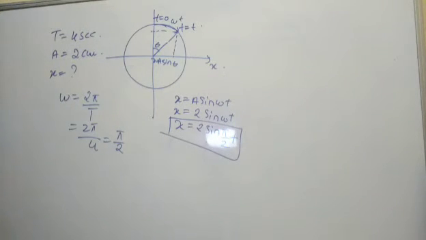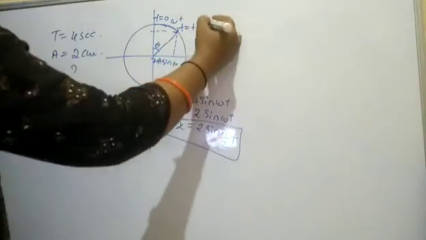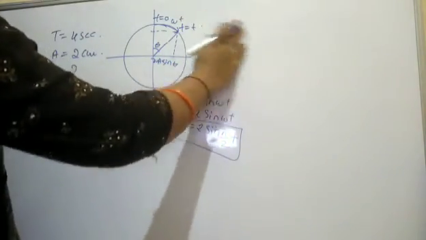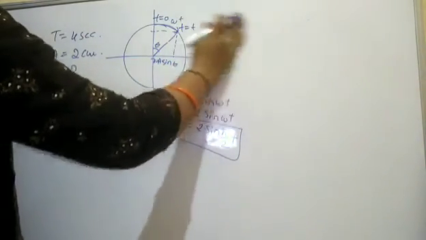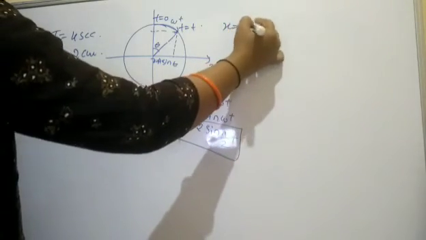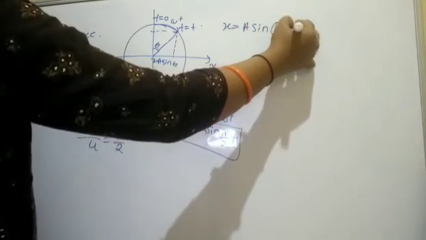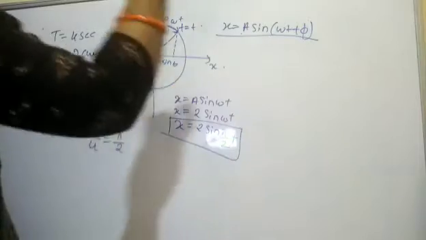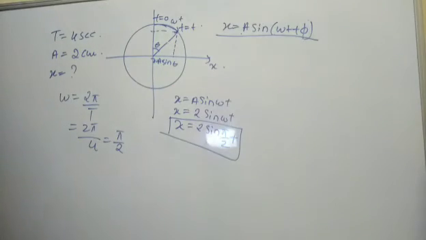One more part means in a clockwise direction. If this theta is given, and we have to prove with the phase, that means x is equal to a sin omega t plus phi. This is the general equation we have already known.